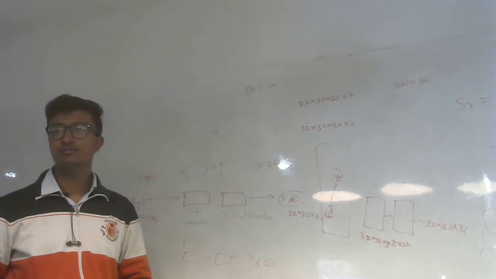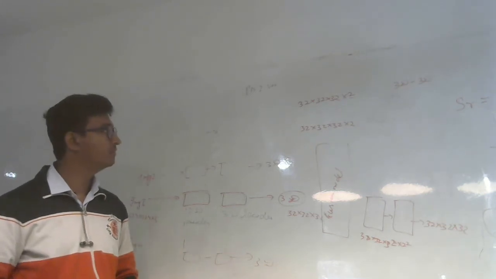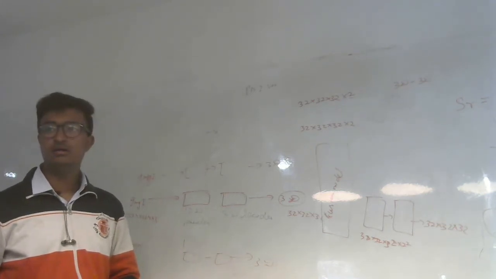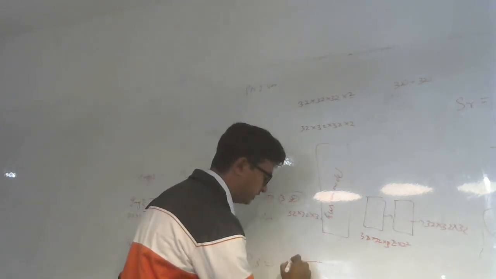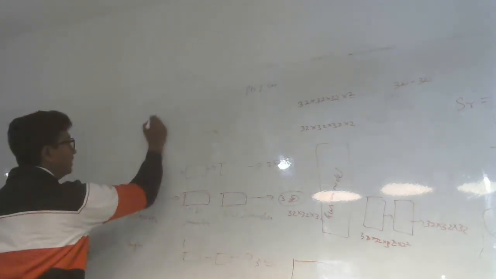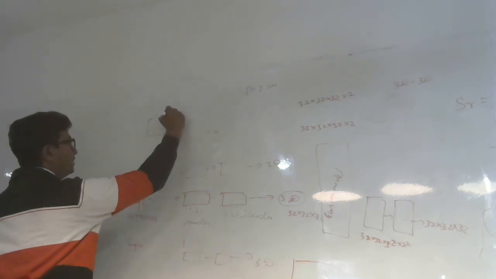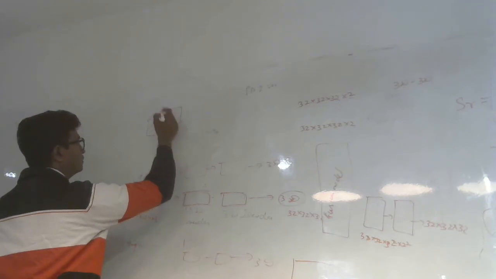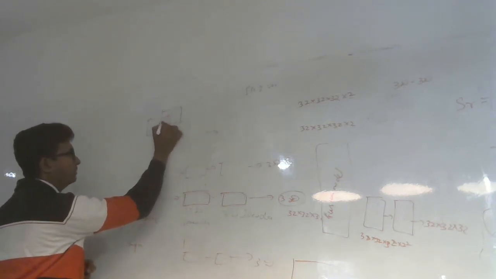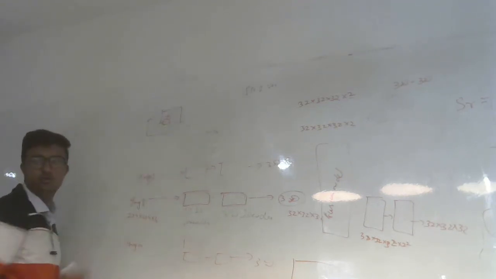Why do we need two channels in the ground truth if the question is whether it's present or not present? It would be just 1 or 0. Yeah. Let's say I have an object present over here.